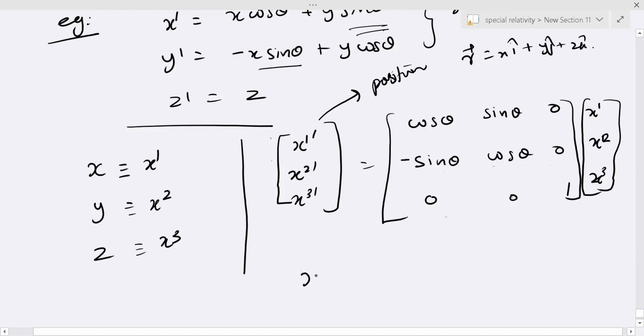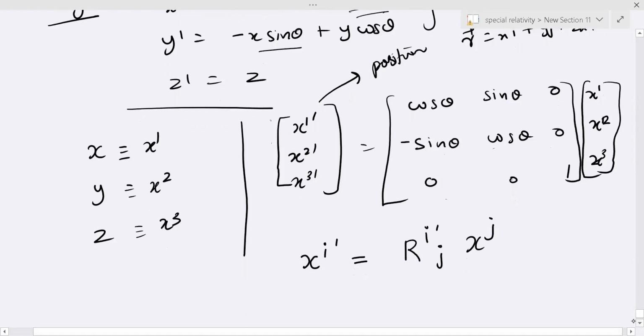So we can write this as xi prime equal to r i prime j xj, a matrix multiplication. Here I'm using the Einstein summation convention: there's a summation over j.